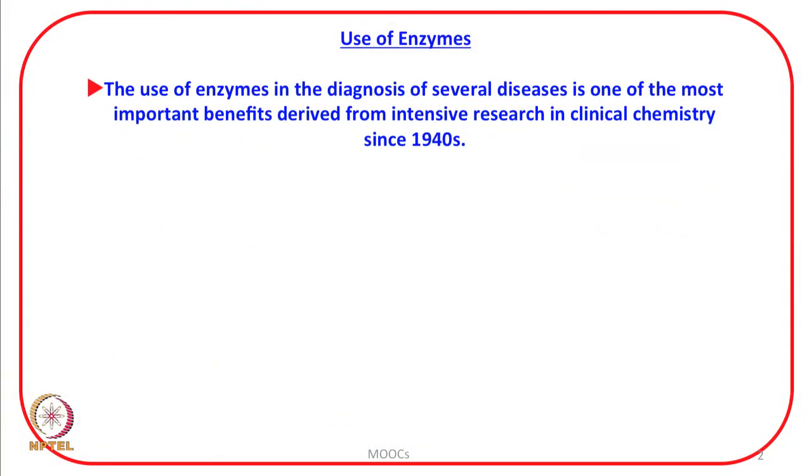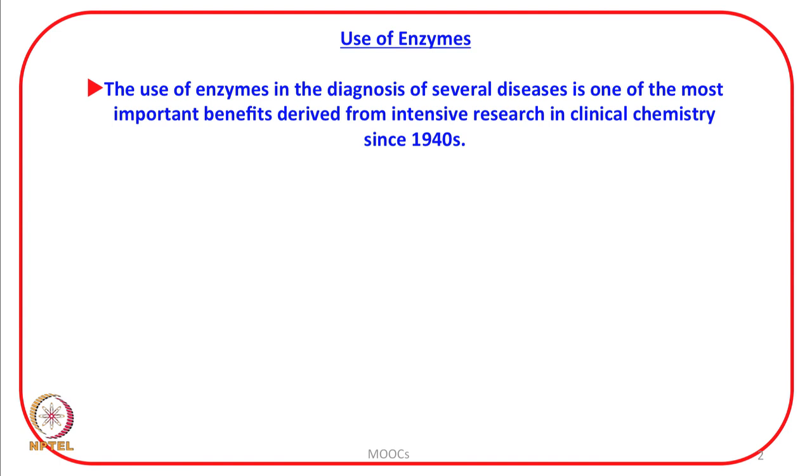But before we go into the derivation of certain equations, let us discuss a little bit about enzymes. Let us take a look at the slide. Where are the enzymes used? Let us take a look at the first comment.